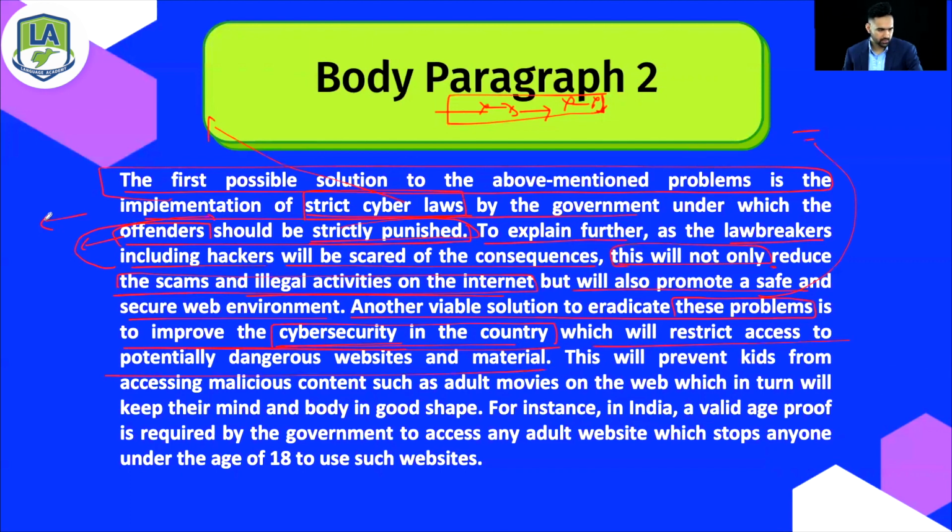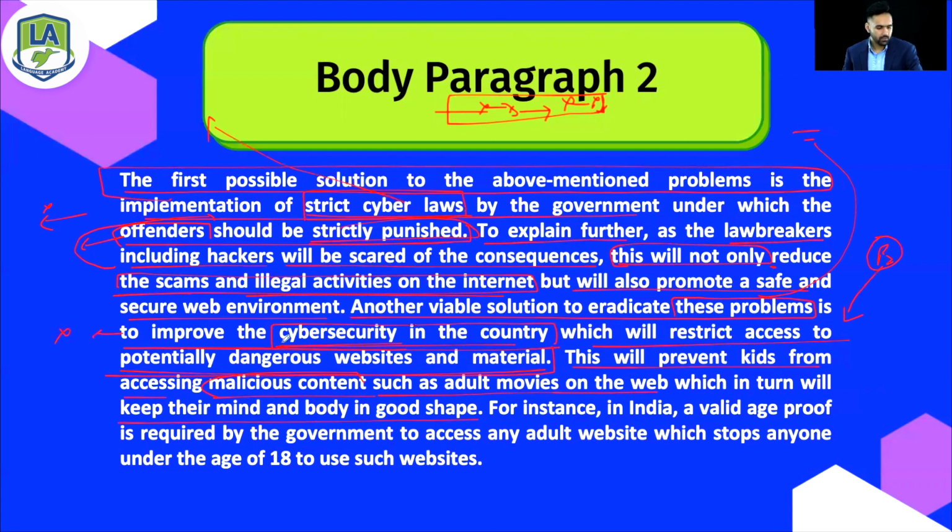So one solution is laws. Second one is improving the cyber security under which dangerous websites will not be available. This will prevent kids from accessing malicious content. Remember this thing, such as adult movies on the web, which in turn will keep their mind and body in good shape. See, our problem two was children will get used to wrong content.